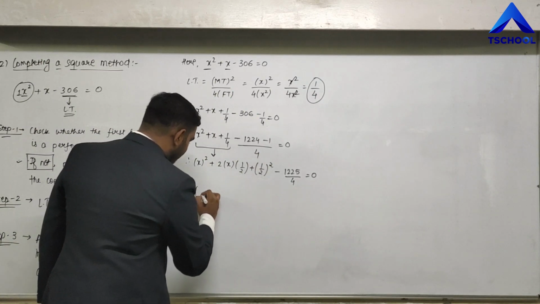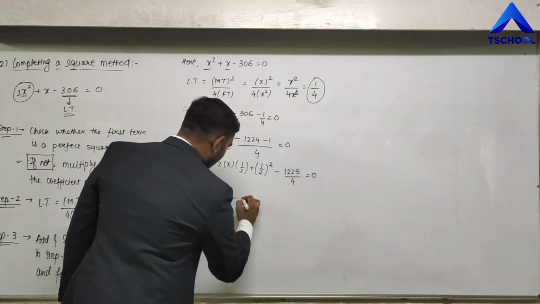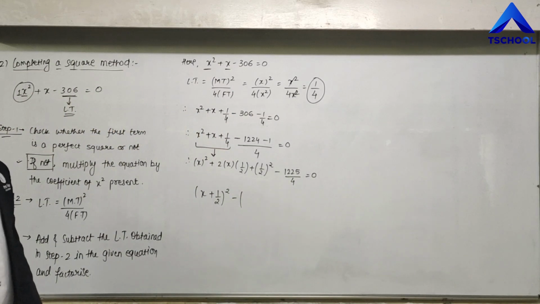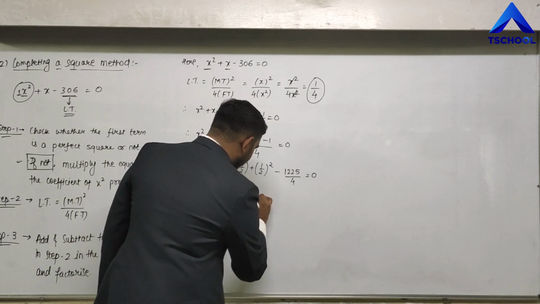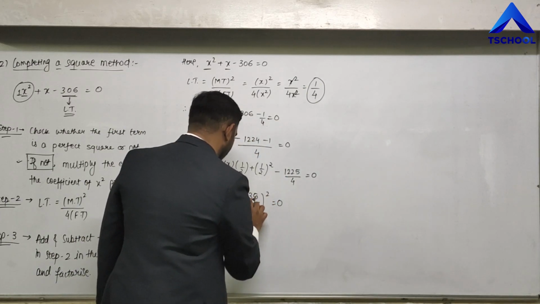Hence this becomes x plus 1 by 2 whole square minus square root of 1225, 35. Yes or no? It will be 35 upon 2 whole square is equal to 0, right?